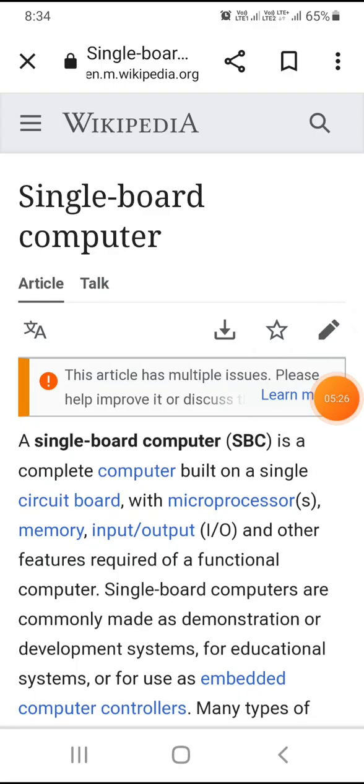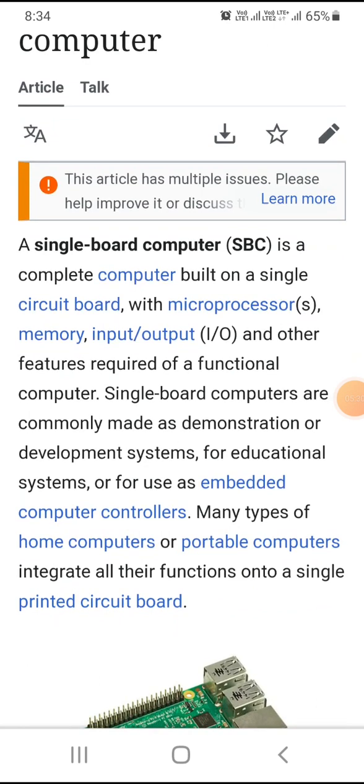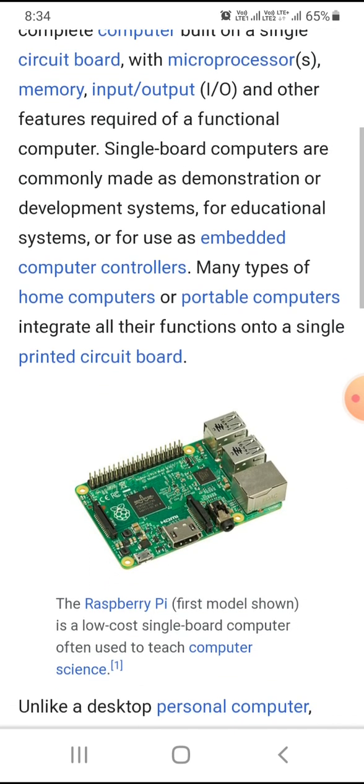Now let's see what Wikipedia says about single board computer. A single board computer is a computer built on a single circuit board with a microprocessor. You can see here, this is the example.